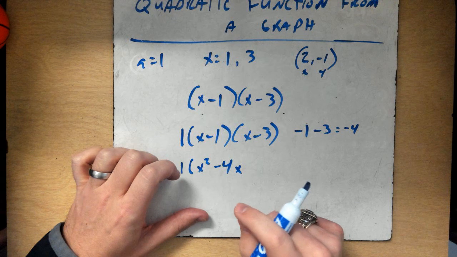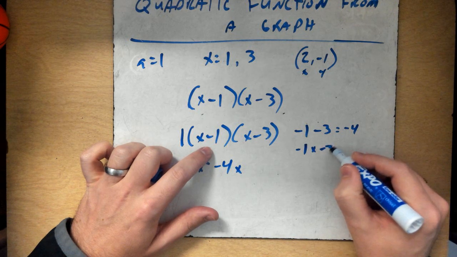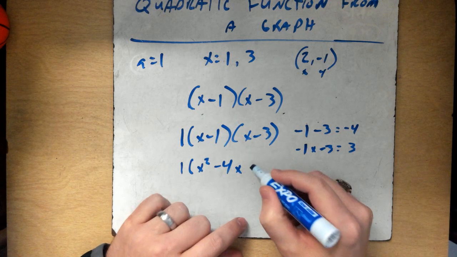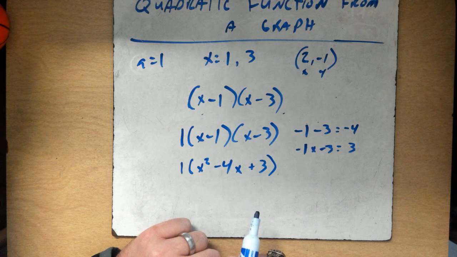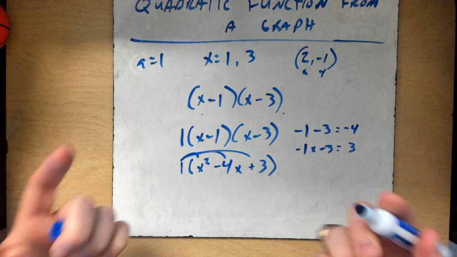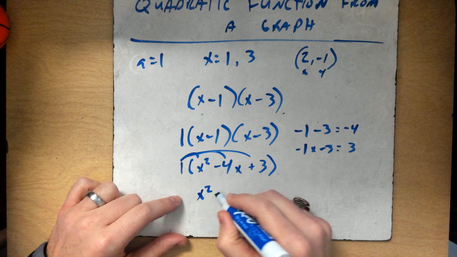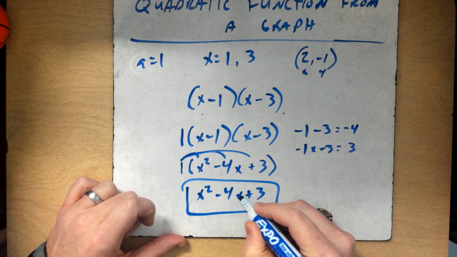And then -1 times -3 equals +3. So that's a +3 at the end. And then 1 gets multiplied all the way through, but it just stays the same because it's multiplied by 1. And that's my final answer.